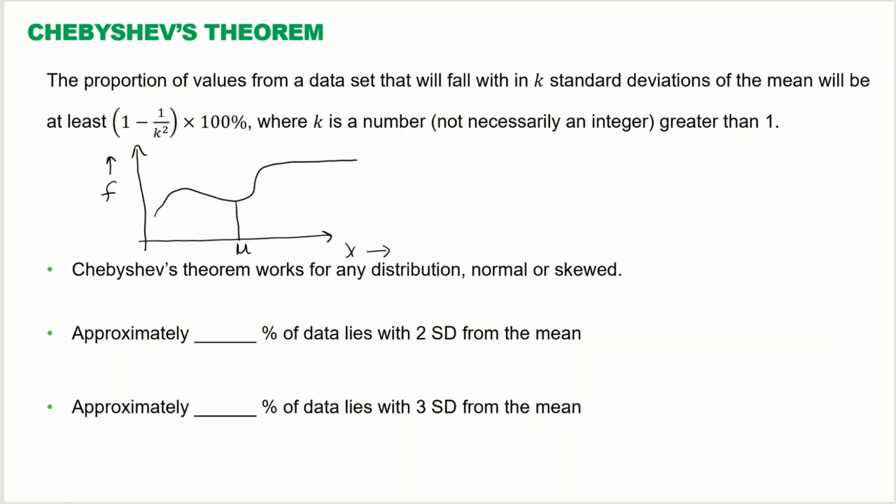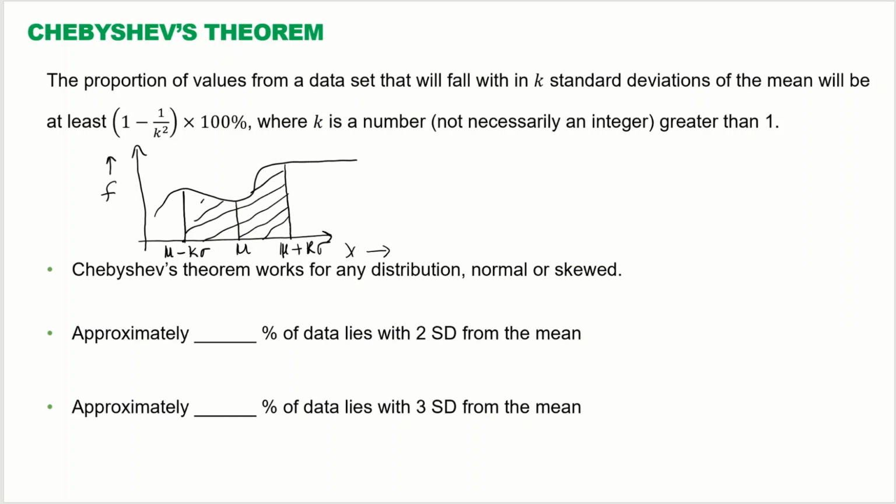Now if I go k standard deviations above the mean, this is equal to mean plus k standard deviations, k times sigma. And if I go down the same amount, this is mean minus k standard deviations.